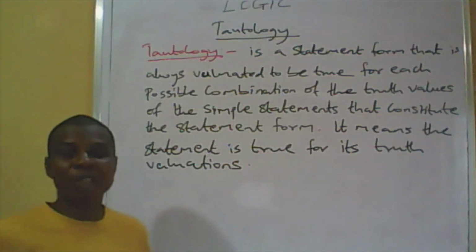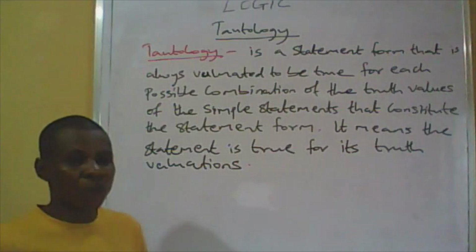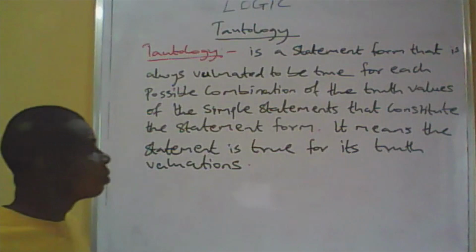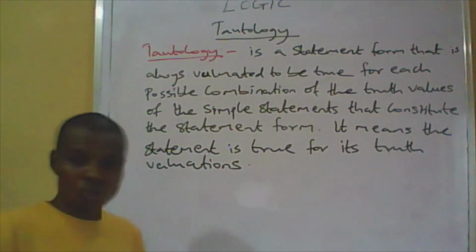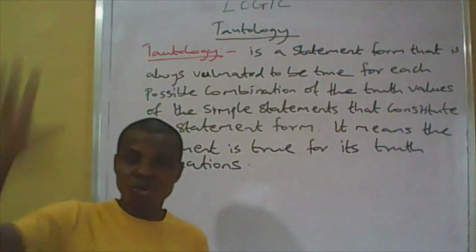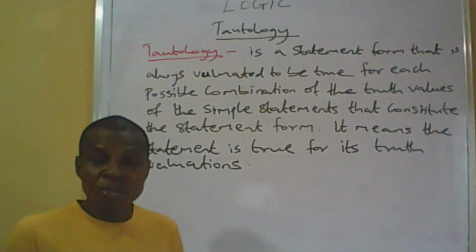It says it's a statement form that is always valuated to be true for each possible combination of the truth values of the simple statements that constitute the statement form. That is to say that in tautology, the truth valuation is always true for each possible combination of truth values of simple statements.